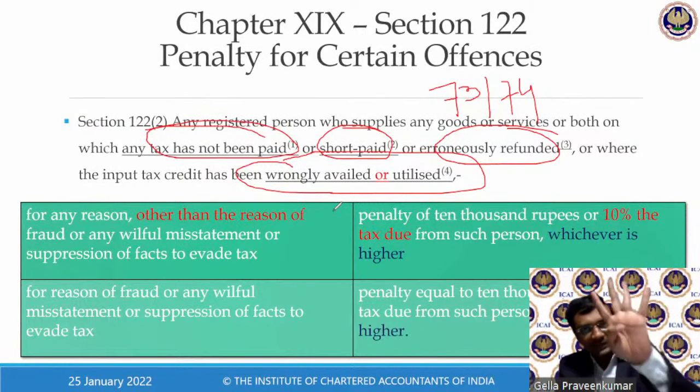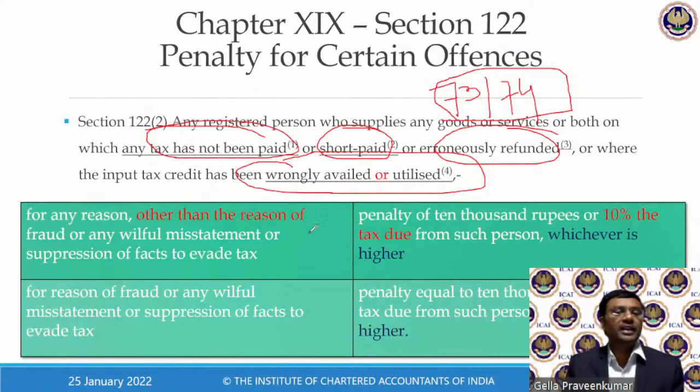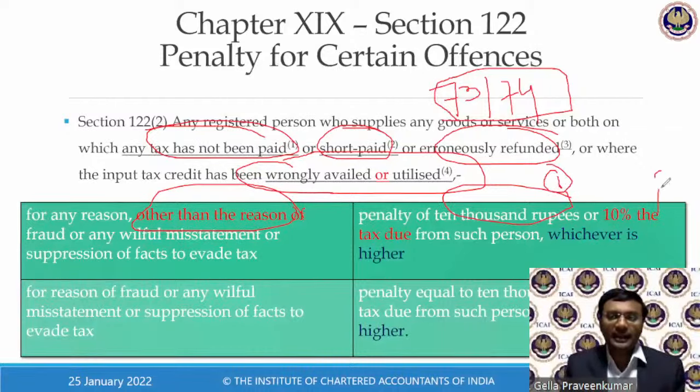Now, any of these 4 aspects which are duly covered under show cause notice under 73 and 74, if it is other than fraud, willful misstatement, my penalty will be rupees 10,000 or 10% of the tax due, whichever is higher.